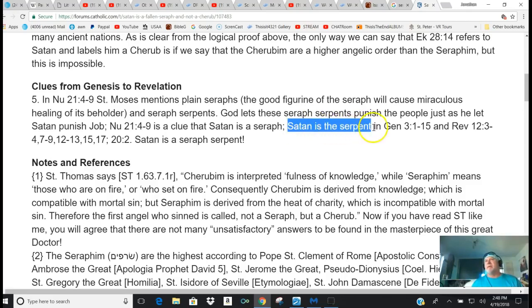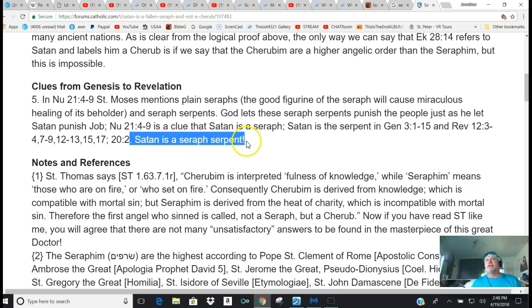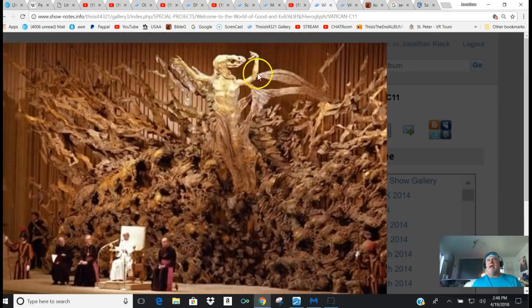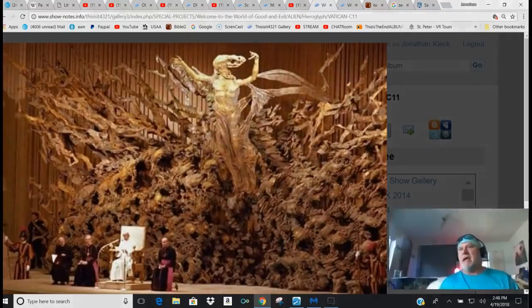Satan is the serpent in Genesis 3, correct, and Revelation 12. There you go, verses 4, 7, and 9. Satan is a seraph serpent. There you go. And there is an image of a seraph serpent, and I cannot overemphasize this enough, made out of bronze.